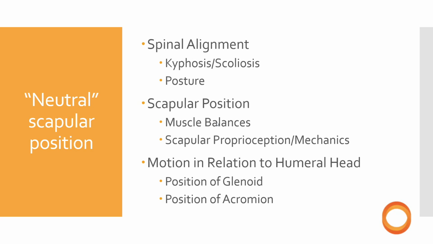And neutral scapular position, I think, is something that you guys know better than me as being a false thing, right? The scapula is a dynamic part of the scapulohumeral rhythm, right? So in certain arm positions, it's supposed to be in a certain position, and in different arm positions, it's going to be in a different position.